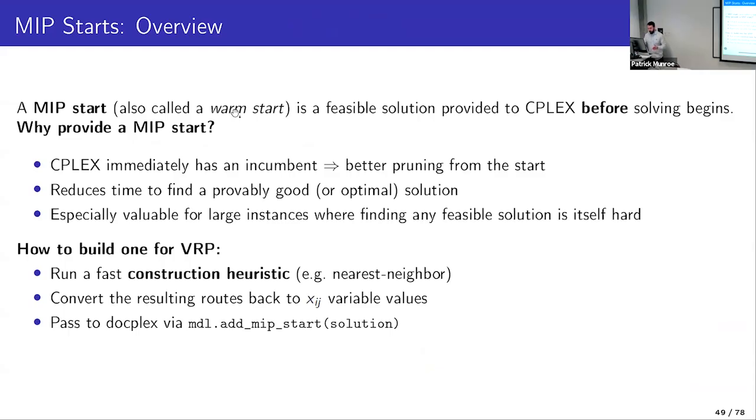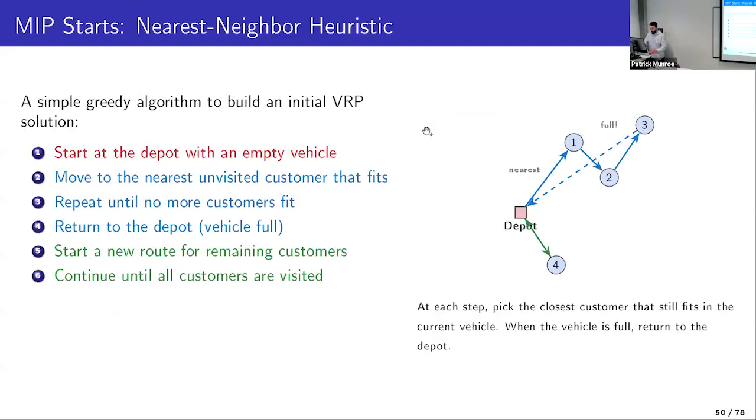So let's say that you have a problem that is relatively hard to solve. Sometimes it helps to provide a solution to the MIP, and the solution is usually constructed using some heuristic. And here I wrote a function that solves the problem using a nearest neighbor heuristic.